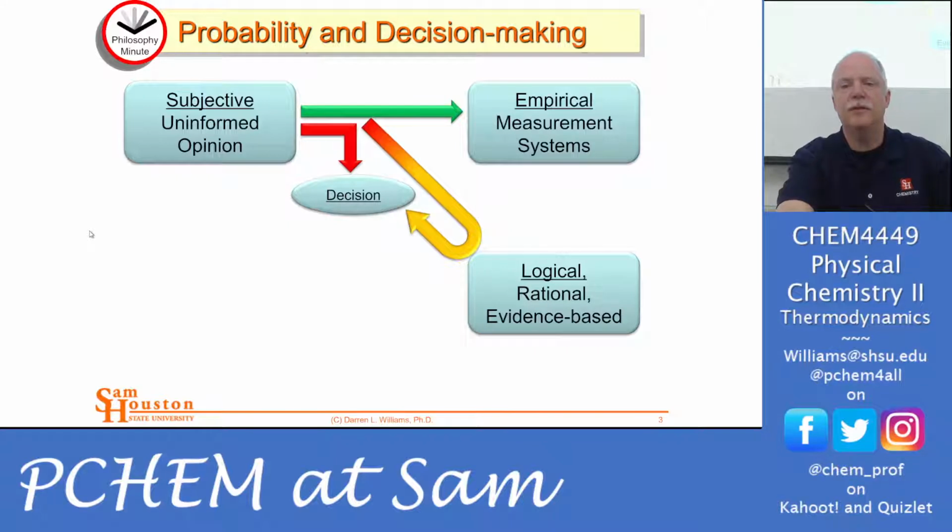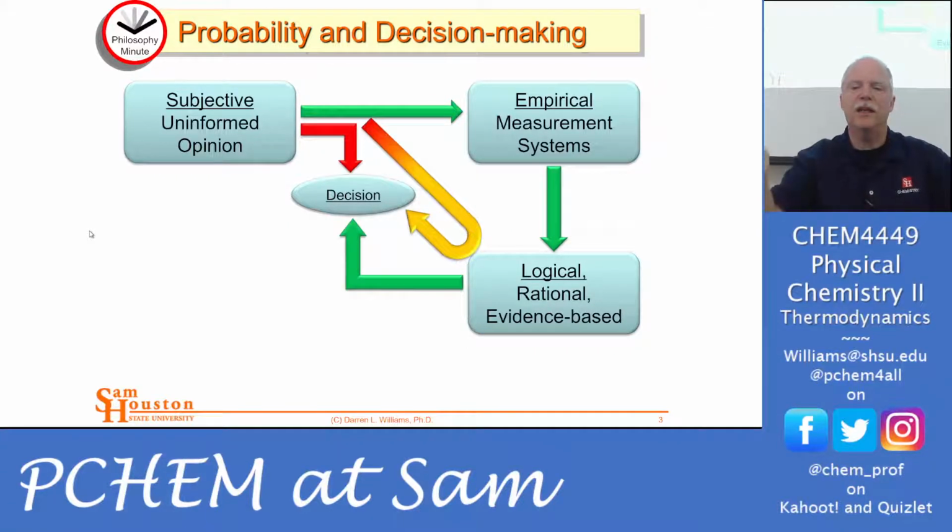We can make some measurements, and with those measurements, we can come up with evidence-based data, and we can say, yeah, let's use our rational mind, use logic, inference, and so on based on this data and make a decision. And I call that the green path because it's going to be one that is less mind dependent. If I look at the data and make a decision, and you look at the data and make the decision, and we have the same goal, we'll probably make the same decision.